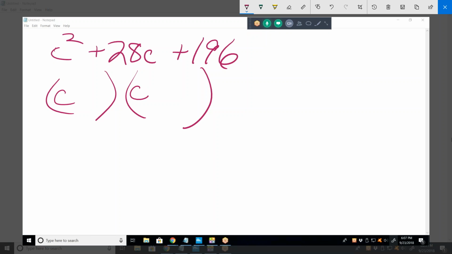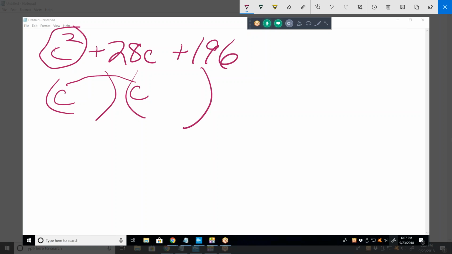It's not always going to be c squared. Sometimes it'll be 2c squared. And then one of these would be 2c and the other one would be c. So what you're really doing there is splitting up the c squared. We're splitting up that entire first term. We always know that the first term of a quadratic is created by multiplying that by that only, nothing else.